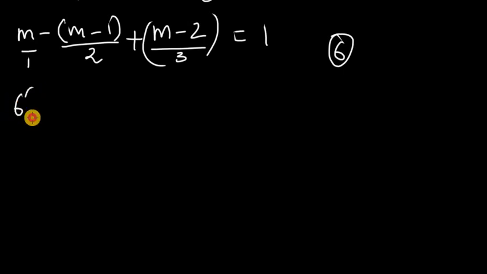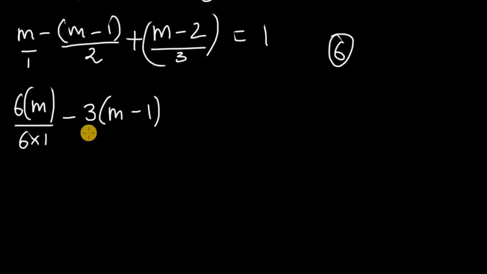So 6 into m divided by 6 into 1, minus 3 into (m minus 1) divided by 3 into 2. Why do we multiply with 3? With 2, that is because we have to get the denominator as 6. Whenever we multiply the denominator with a number, we also have to multiply the same number with the numerator.